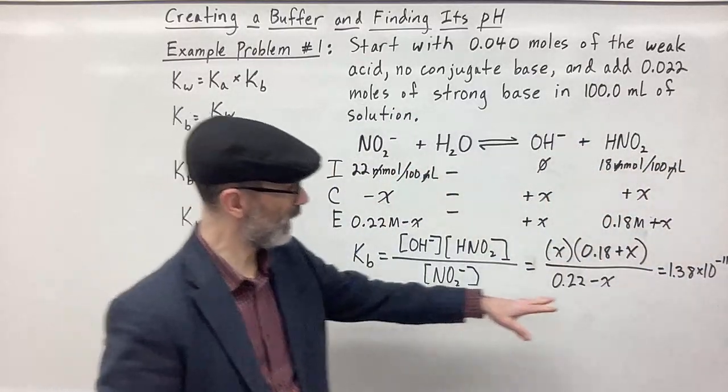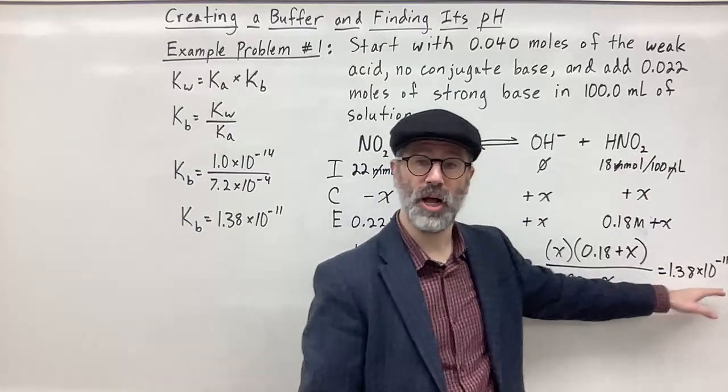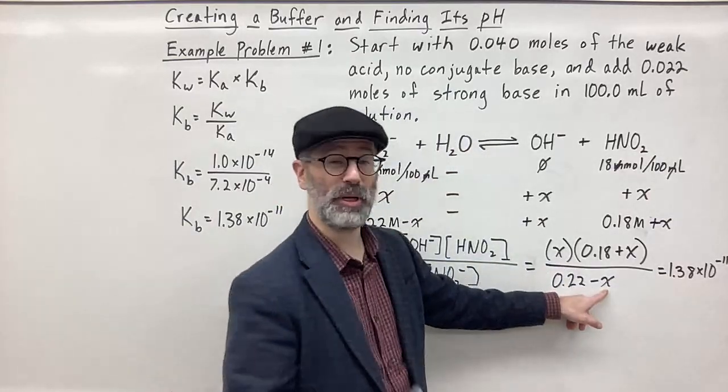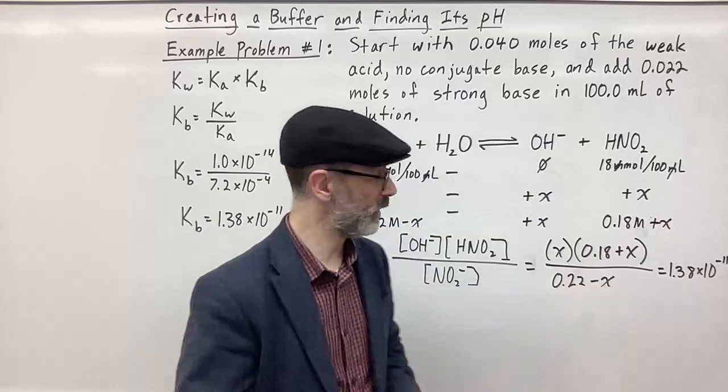And you can see right away that this is a really, really small number, so that means that X is going to be really, really small, so we can ignore it.